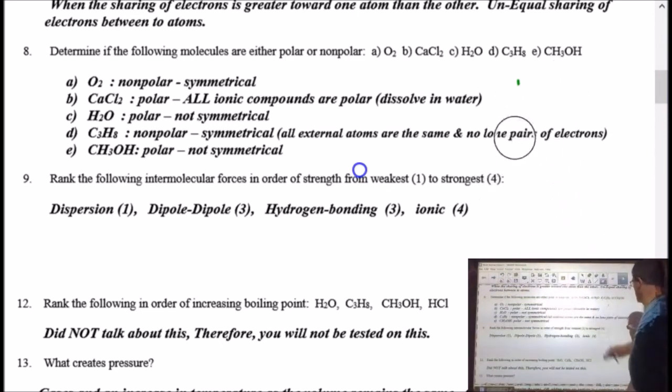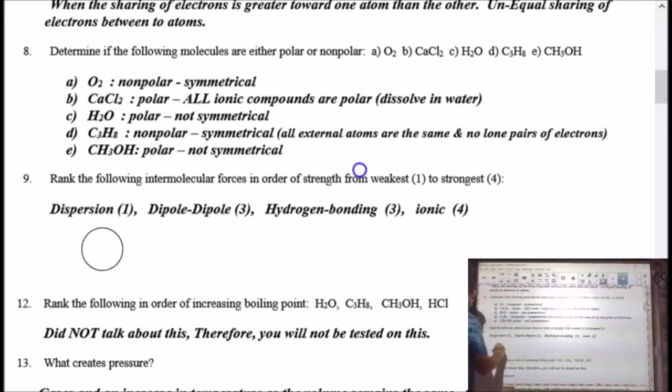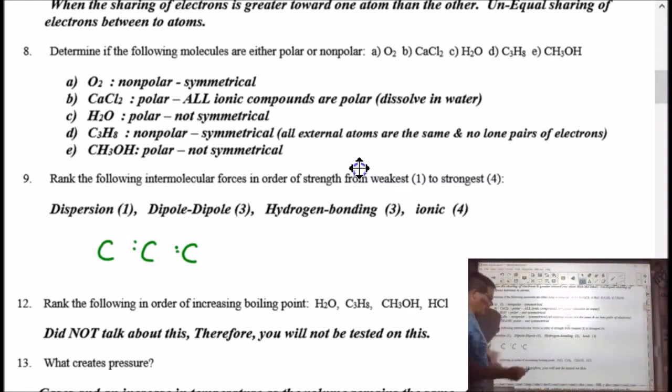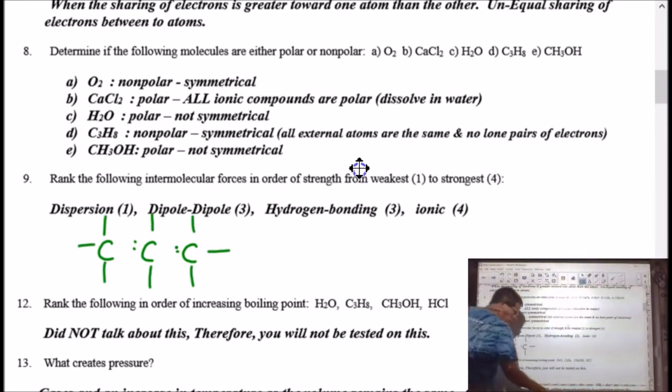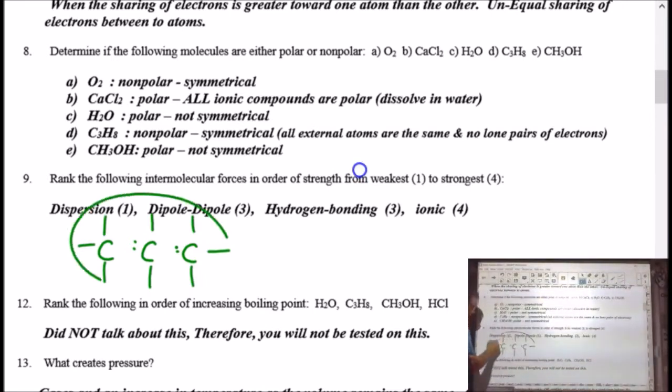C3H8 or propane. So we have all of our carbons in a row here. Now, we do have nonpolar covalent bonding between the carbons, but we're not going to look into that. Here we have our hydrogens. All the external atoms on those hydrogens are the same.